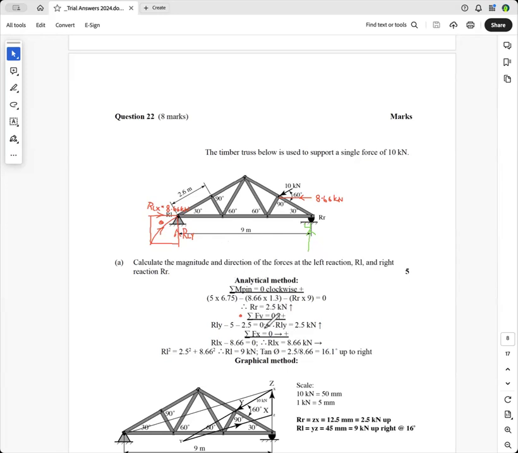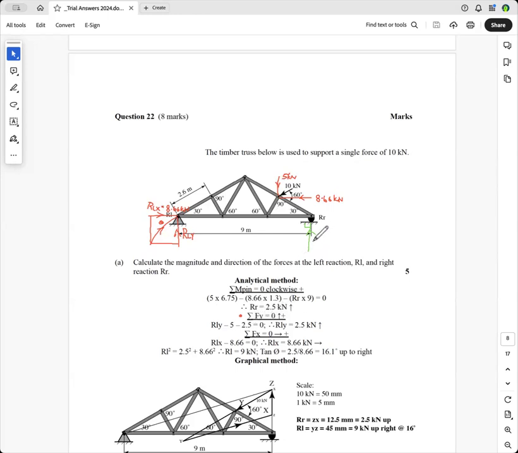So the sum of the vertical forces, this force here going up will be 10 sine 30, which will be 5 kilonewtons there. And so we've got RLY, which is this force here, minus 5, which is that force there coming down, minus 2.5, which is this force going up here.